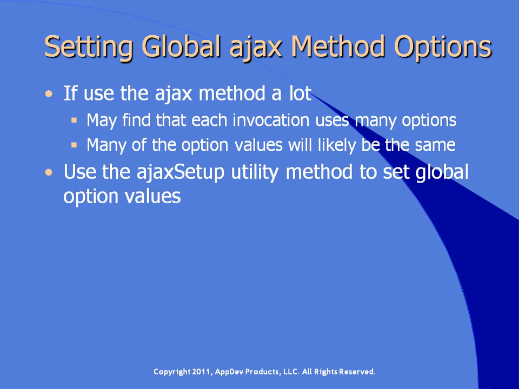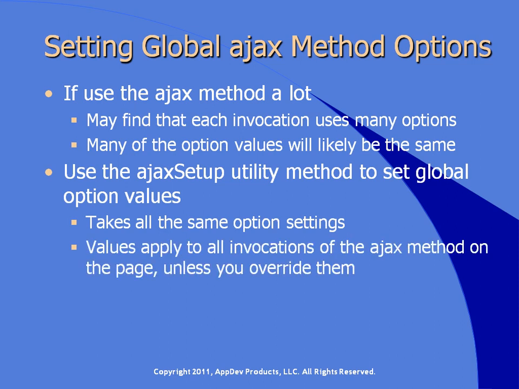Once again, jQuery rises to the occasion and provides a nice AJAX setup utility method that lets you set global options for all AJAX method invocations while those options are in effect. The method takes pretty much all of the same options as the AJAX method itself, and the settings apply whenever you use the AJAX method.